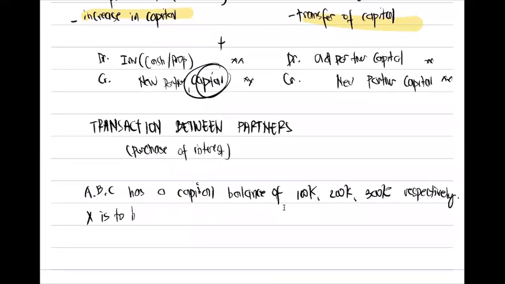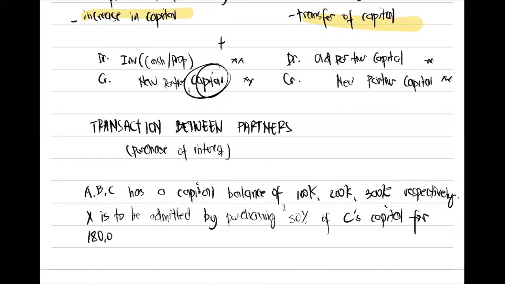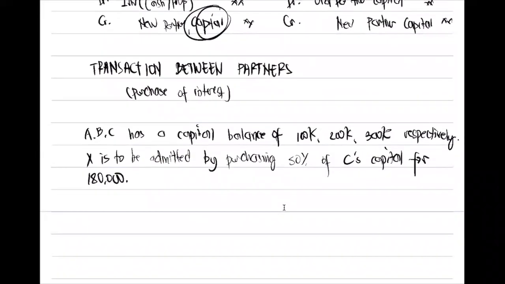X is to be admitted by purchasing 50% of C's capital for 180,000. Okay. Since this is a transaction between partners, meaning from old partner to new partner, just get the capital to be purchased multiplied by your interest purchased.